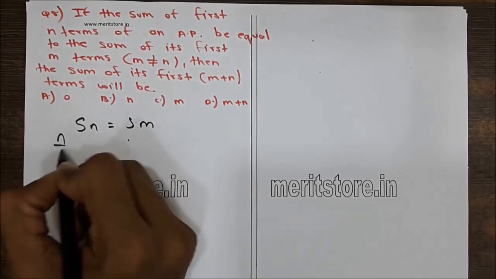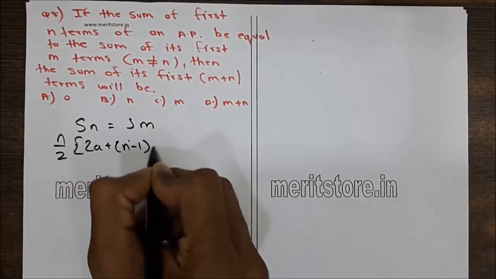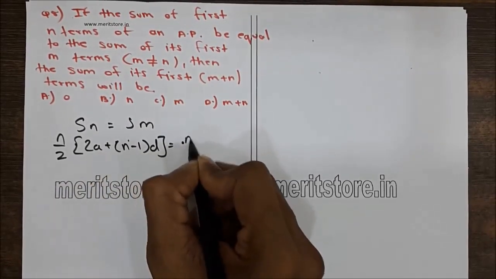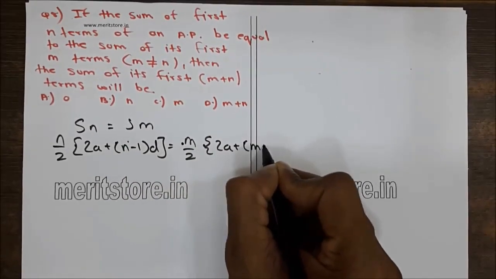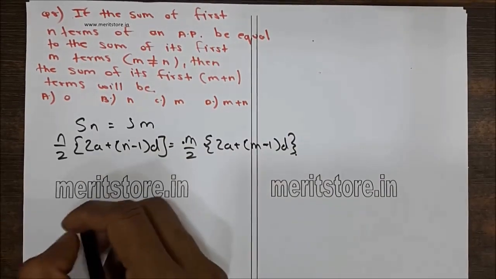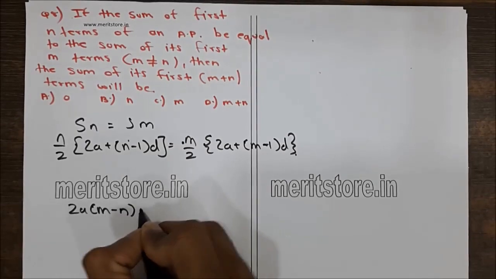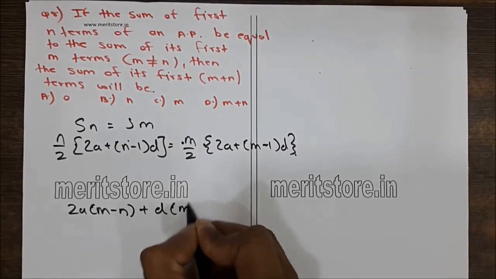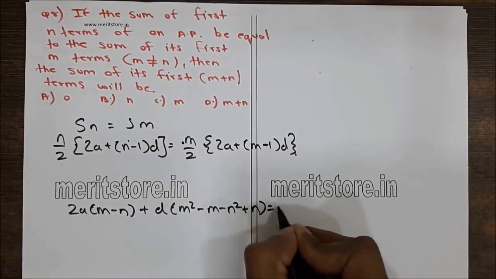So n by 2 times (2a plus (n minus 1) D) is equal to m by 2 times (2a plus (m minus 1) D). Solving this further, we get 2a(m minus n) plus D(m square minus m minus n square plus n) equals 0.